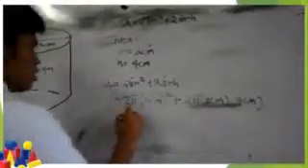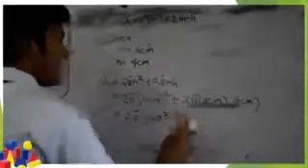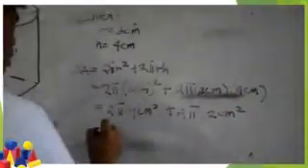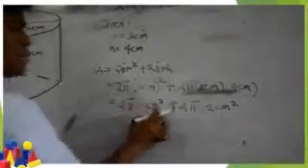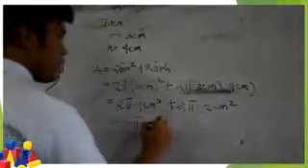Simplify. 3 centimeters raised to 2 is equal to 9 centimeters squared, plus 3 centimeters times 4 centimeters is equal to 12 centimeters squared. 2 pi times 9 centimeters squared is equal to 18 pi centimeters squared, plus 2 pi times 12 centimeters squared is equal to 24 pi centimeters squared.